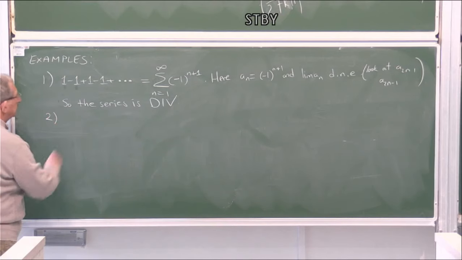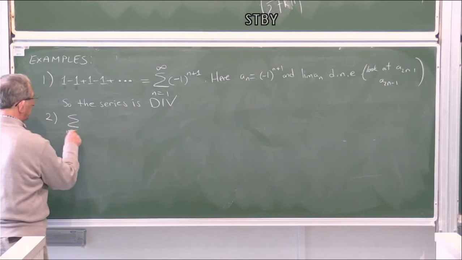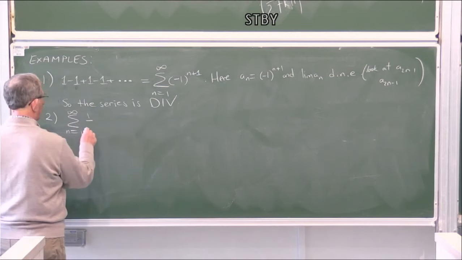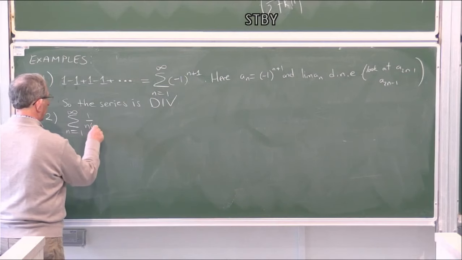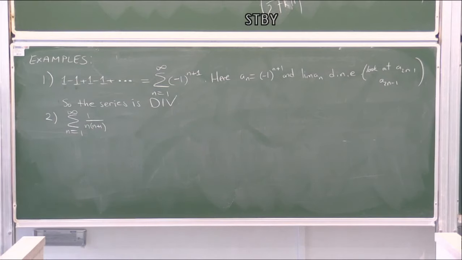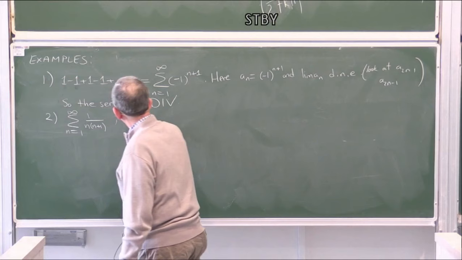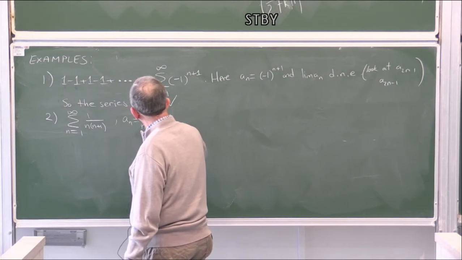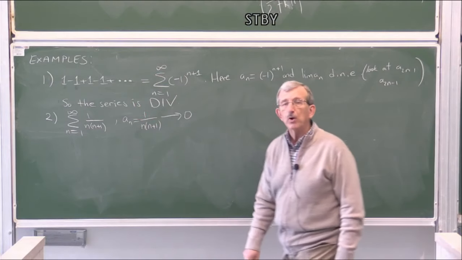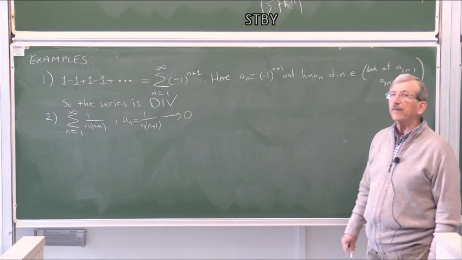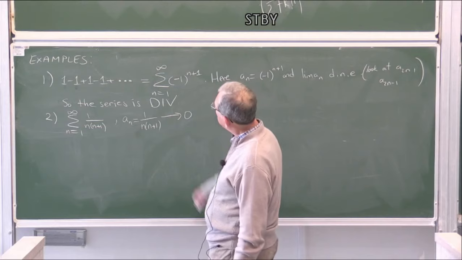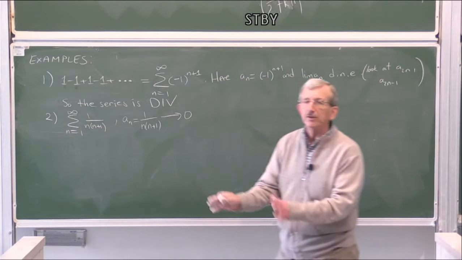As a second example, let us look at the sum of 1 over n times n plus 1. Now in this example, we have a_n, which is 1 over n times n plus 1, which certainly goes to 0. So the nth term test says nothing, because it says that if the limit is not 0, something happens.